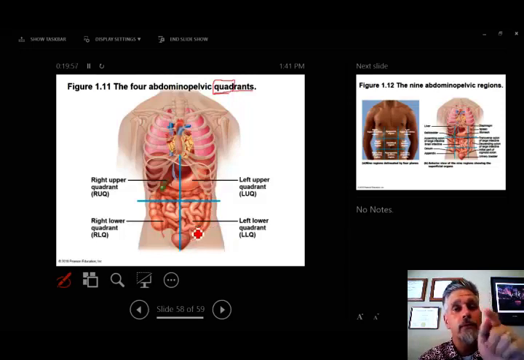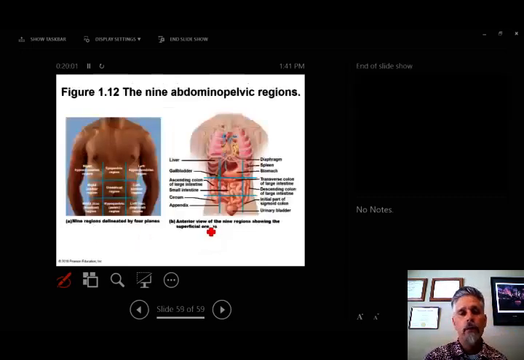Remember, this is relative to the patient. That's why we're saying right and left in that way. Or you can get more specific and use these regions like we see here. If you use regions, it's a little bit more specific, this tic-tac-toe pattern. So the umbilical region is around the umbilicus, or the belly button. Then the hypochondriac: hypo means below, and chondro means cartilage.